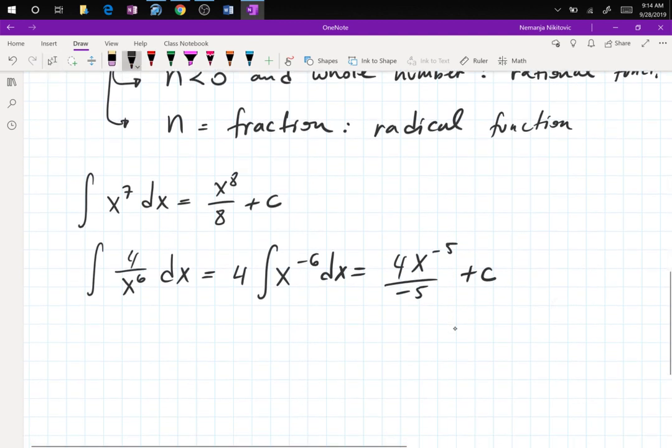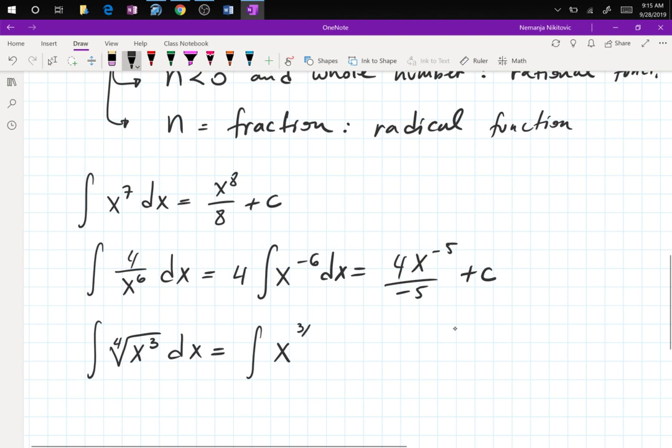And finally, if you have, let's say, the 4th root of x to the 3 dx, that would be a radical function. You don't have to just have the square root. It could be a cube root or a 4th root or whatever root. You can rewrite it as a fraction.